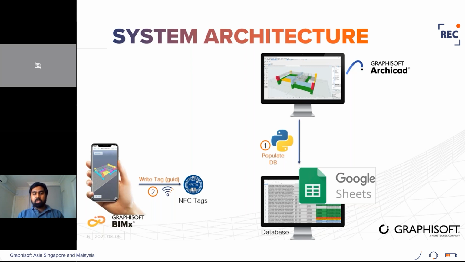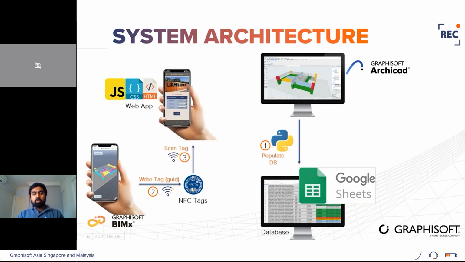The information that we are going to write into an NFC tag is the GUID. With the GUID in the tags, the tags can be attached to the components, which will pass through different construction processes. When it comes to the different stages for scanning, we can use mobile phones.